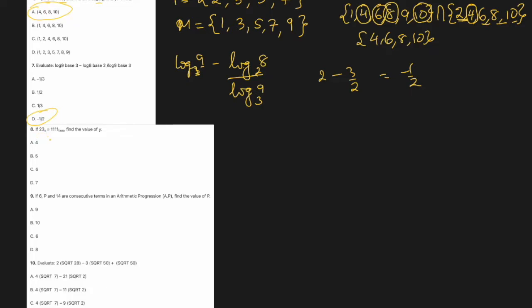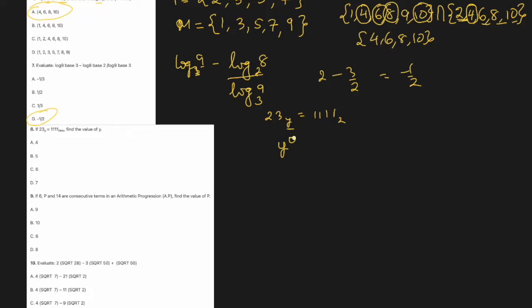If 23 base something is 1111 base 2, find the value of y. So that is y. 23 base y is equal to 1111 base 2. Find y. Whatever is the base, that becomes the power.